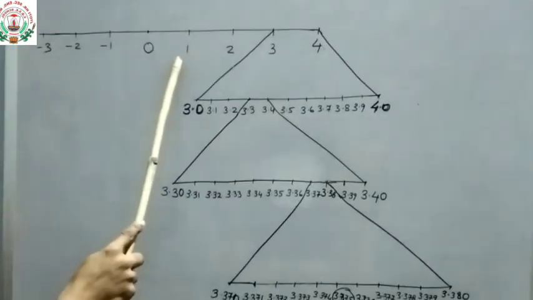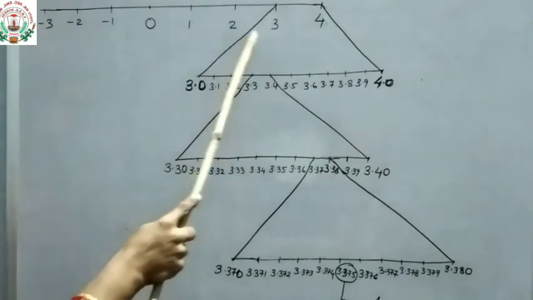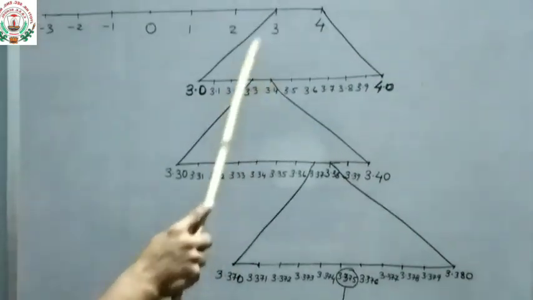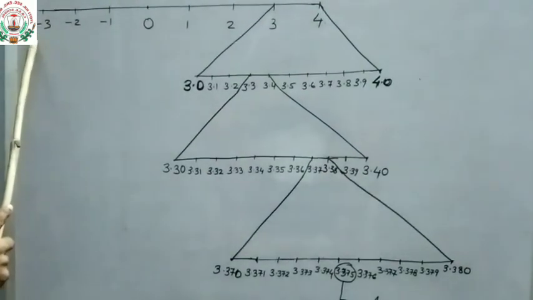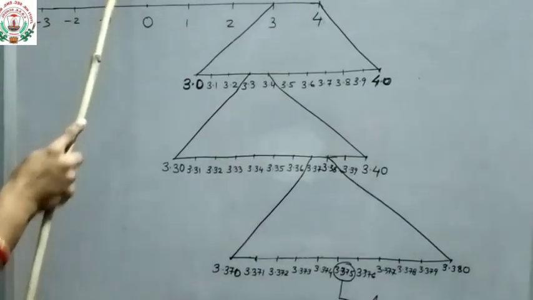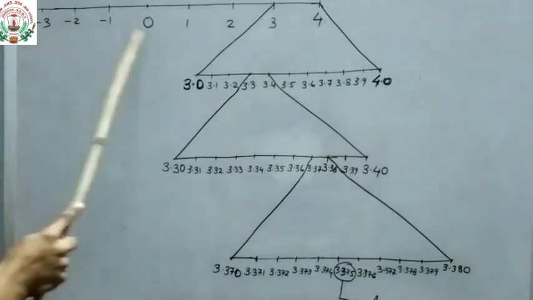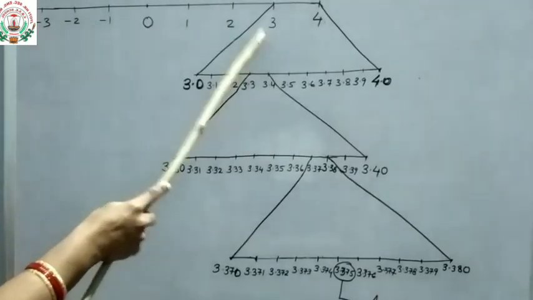So positive values will be numbered 1, 2, 3, 4 likewise at equal distance, and to the left we'll have -1, -2, -3. But here, as the number is positive, we will not move towards the negative side, we will move towards the positive side.